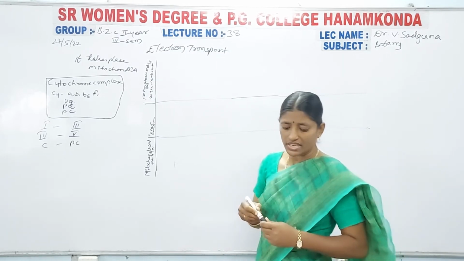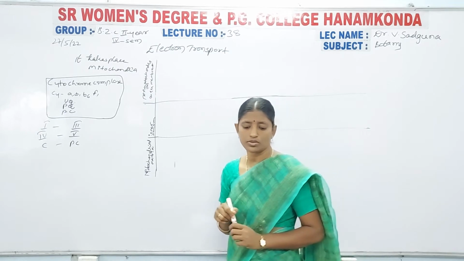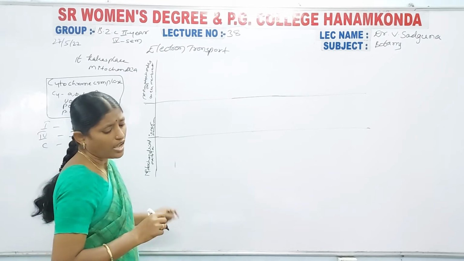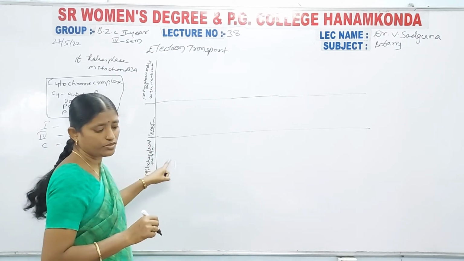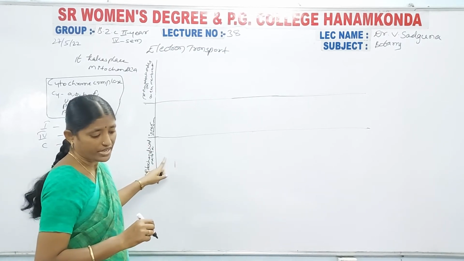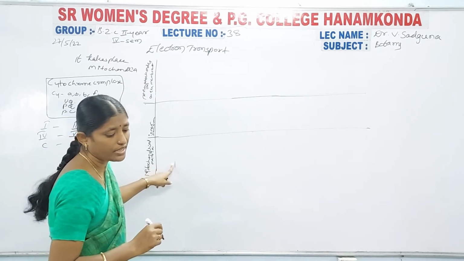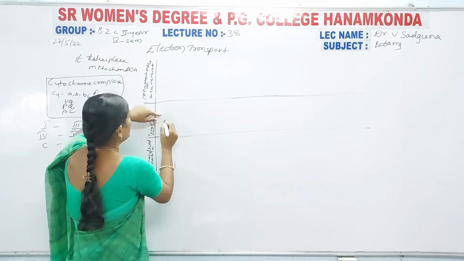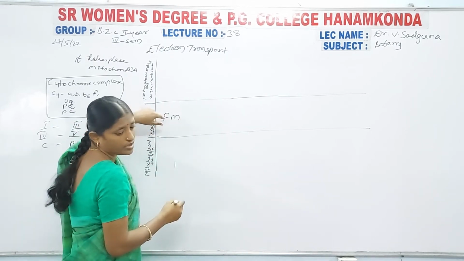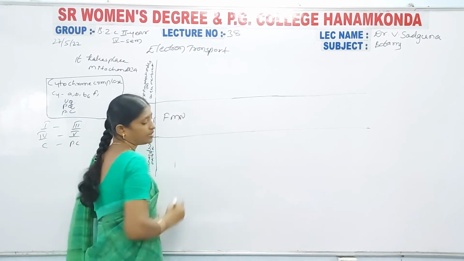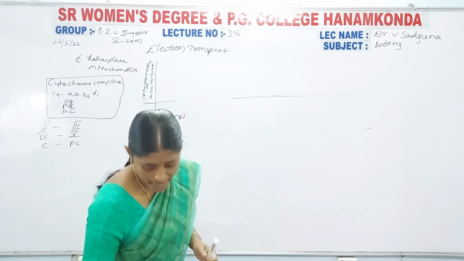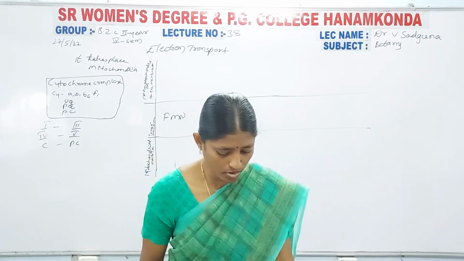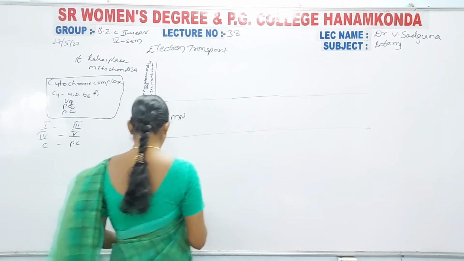So here mostly there are complex 1, complex 2, complex 3, and complex 4. First, at the mitochondrial inner membrane, it gives to FMN, then FMN gives to ubiquinone.